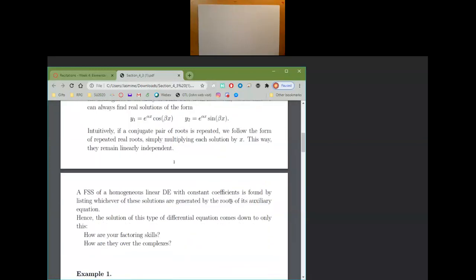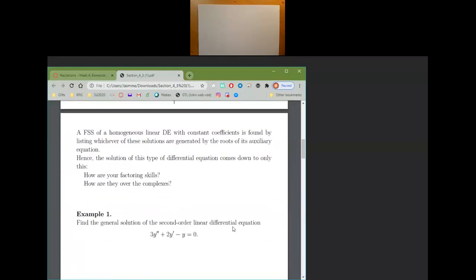So your general solutions will be very straightforward for problems of this type. Hence, solutions of this type of differential equation come down to only how good your factoring skills are and how comfortable you are applying them over the complexes. I think a lot of people maybe at this point have never dealt with complex numbers in any real way. And so factoring into complex numbers can be really uncomfortable at first.